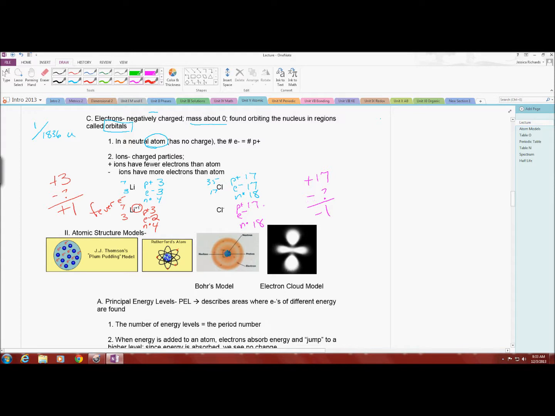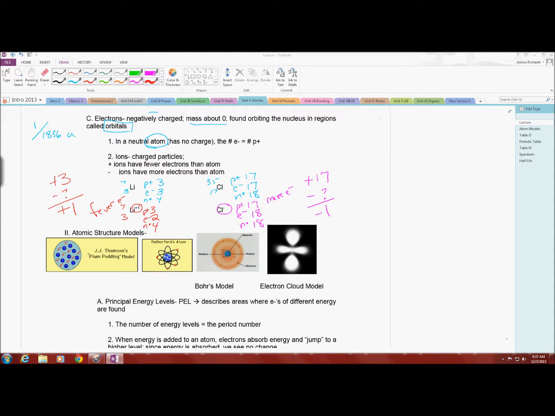Positive 17 plus a negative 18 is going to give us -1. And again, we can think of it like we did over here. Positive ions have fewer electrons, negative ions have more electrons. So if it has a -1, it has one more electron than it does protons.